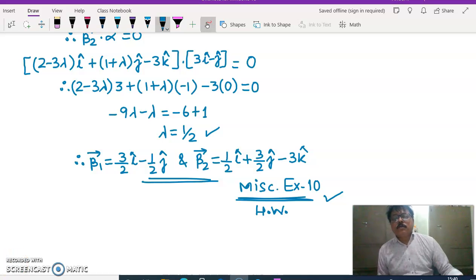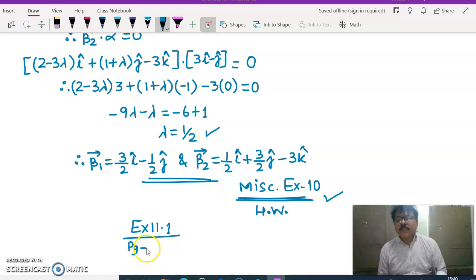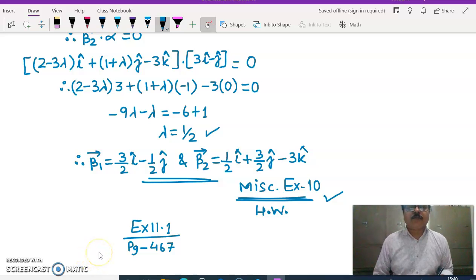You can also go for exercise 11.1, which we have already studied. It is basically a relation between the direction ratios and direction cosines, which we have already studied. So you can do exercise 11.1 also. It's quite easy. There are 4 or 5 questions in it. So please solve it.